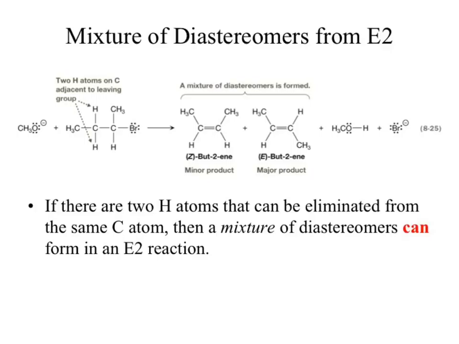With our E2, what happens if we have two hydrogens that we could potentially pull off? Well, that means there's two hydrogens to choose from. I can still do a rotation about the sigma bond before I do the elimination. In one case, I'll be removing one hydrogen.